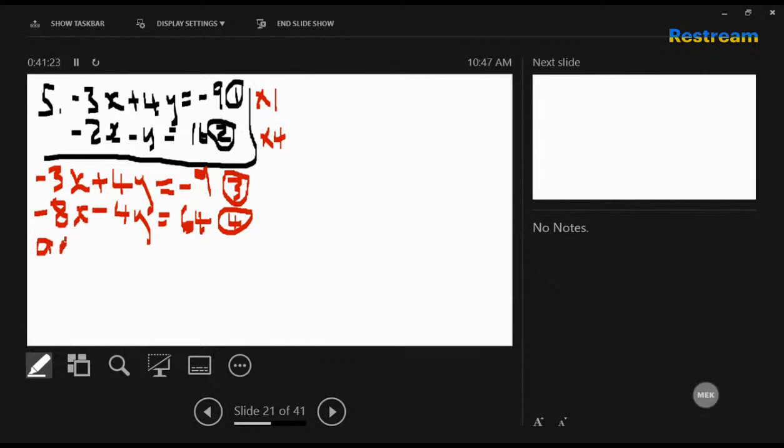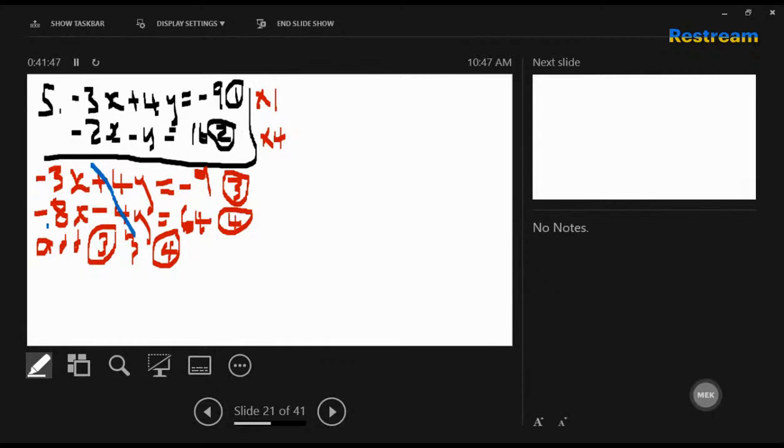So we're going to add them in order to eliminate. So we're going to add equation 3 and equation 4. So we know that when we add the 4y and the negative 4y, that's going to eliminate.